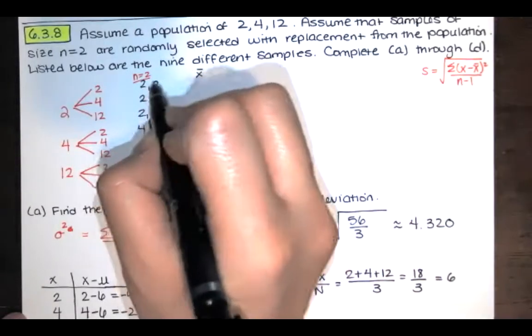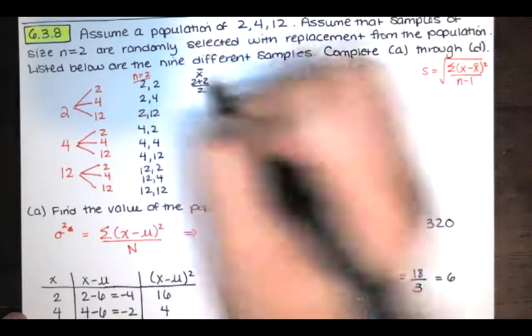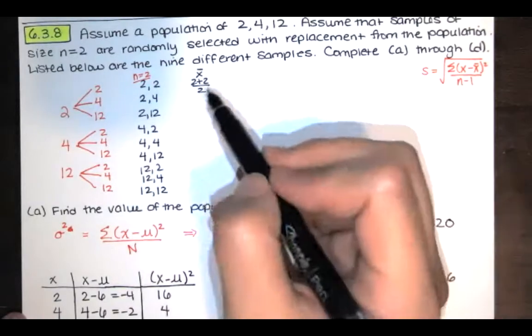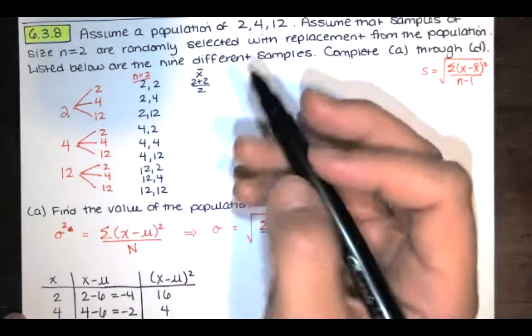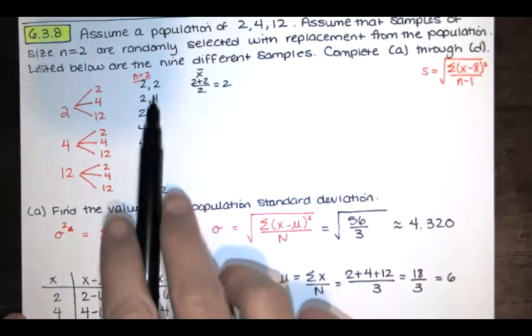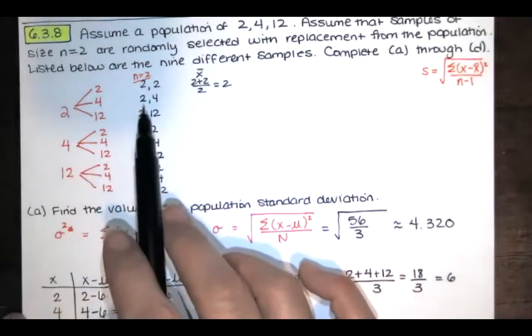So here I'm doing 2 plus 2, and I'm dividing by 2. That's how we calculate a mean. Add them together and divide by the total number of elements in the set. 2 plus 2 is 4. 4 divided by 2 is 2, which I think we kind of already knew, didn't we? Because if 2 values are exactly the same, their average is that value.